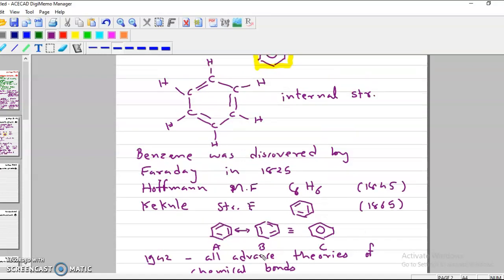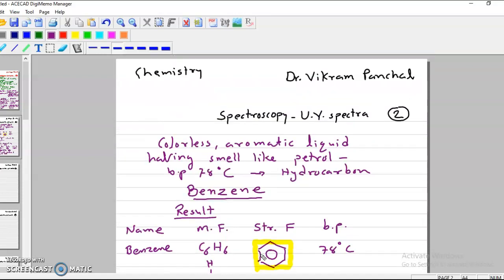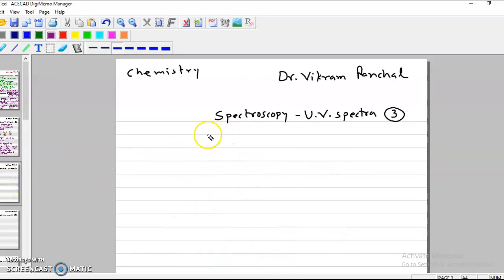Organic chemistry is so vast, and every day thousands of organic compounds are being discovered. We can say every second a new organic compound is coming on this platform. Newly discovered compounds have complicated structures, not simple like benzene.